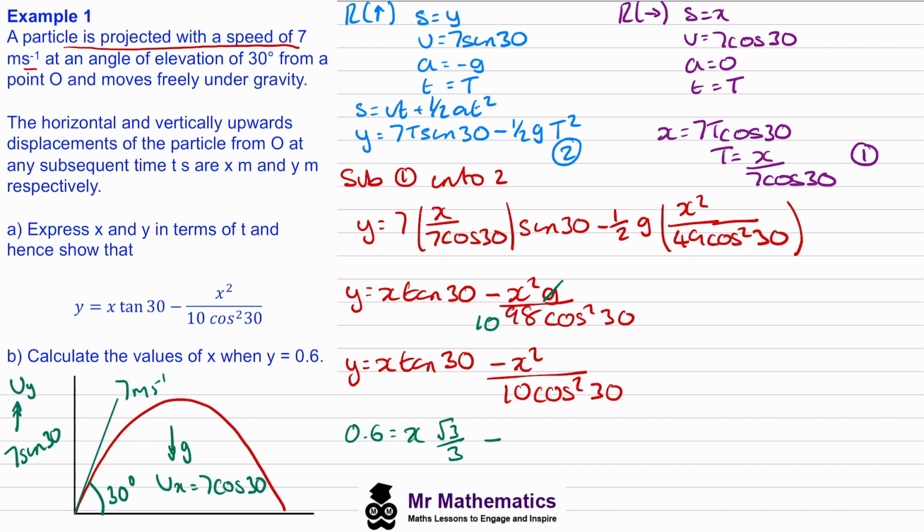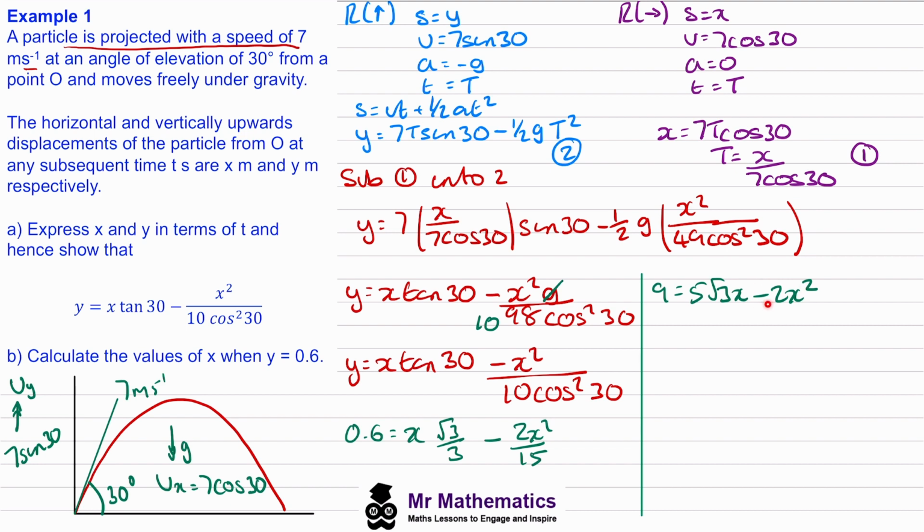We can work this out, and we get 2x squared over 15. So if I just block this off to give me more space, we'll multiply everything by 15. So we get 9 is equal to 5 root 3 x minus 2x squared.